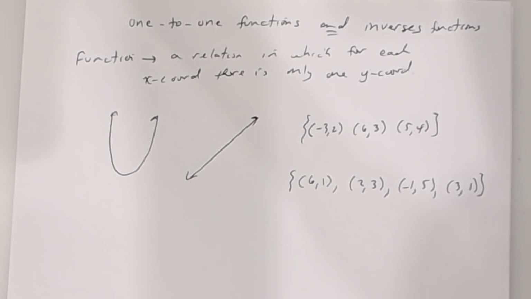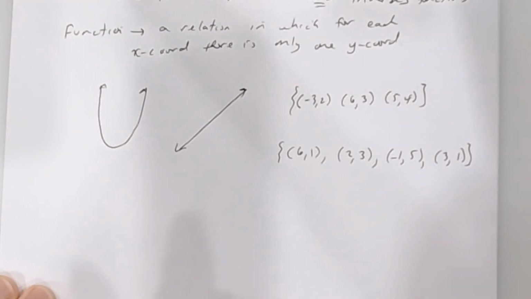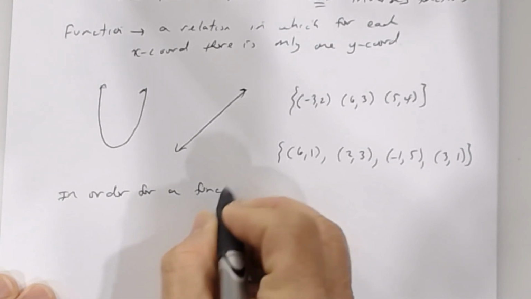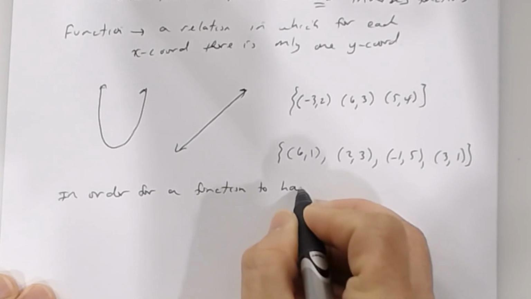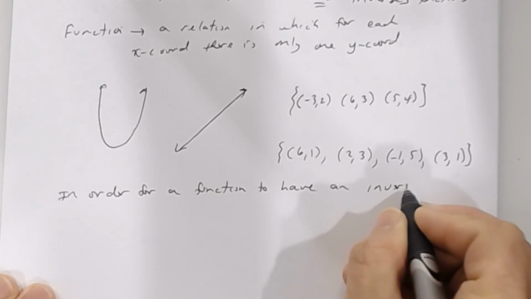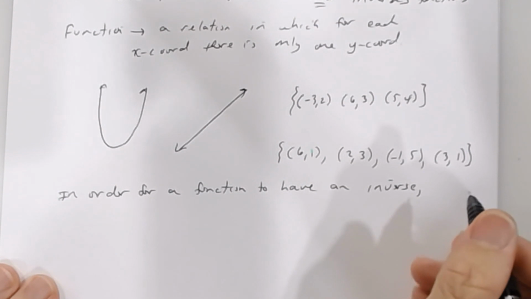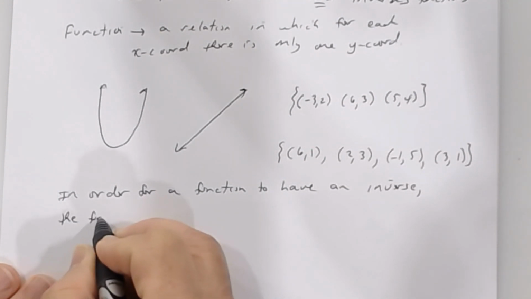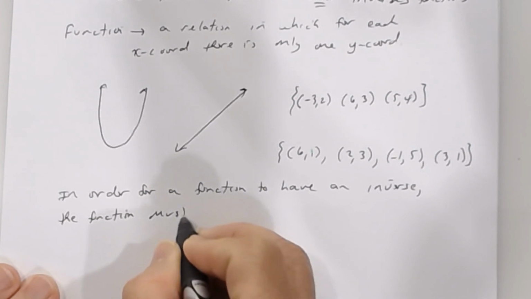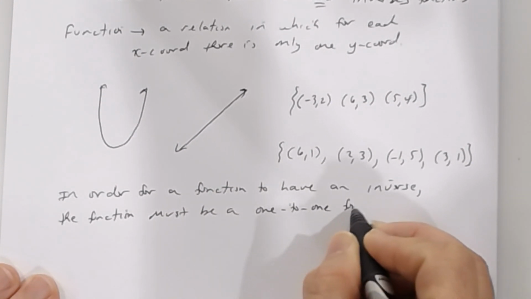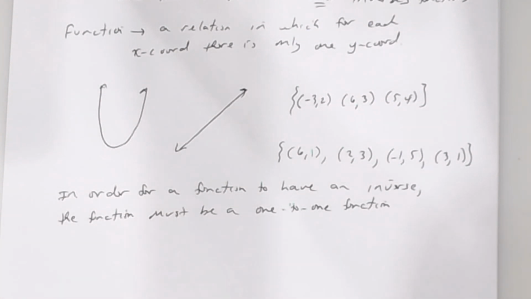Well, in order for a function to have an inverse, the function must be a 1-to-1 function. A function must be a 1-to-1 function.